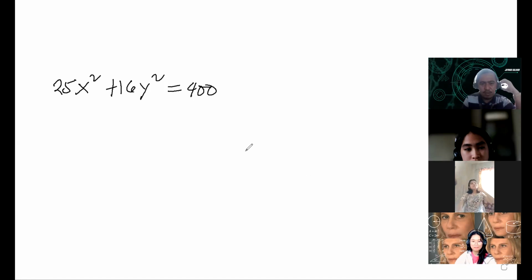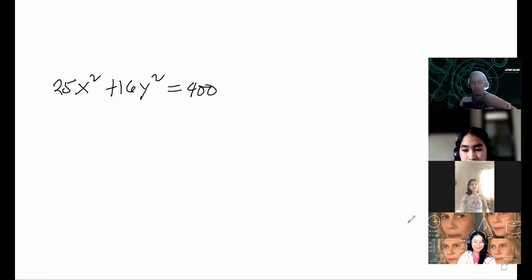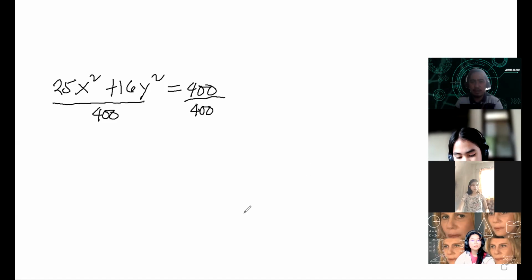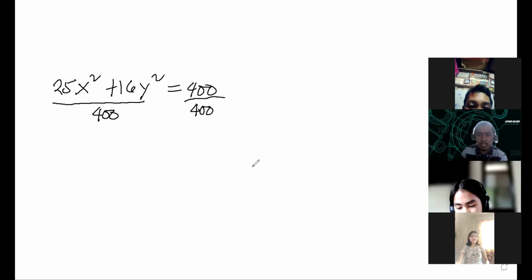Can you write or is it difficult? Okay, I'll do it myself. So what Miss Magsayo did is divide by 400. Okay, next. What should be the next part?